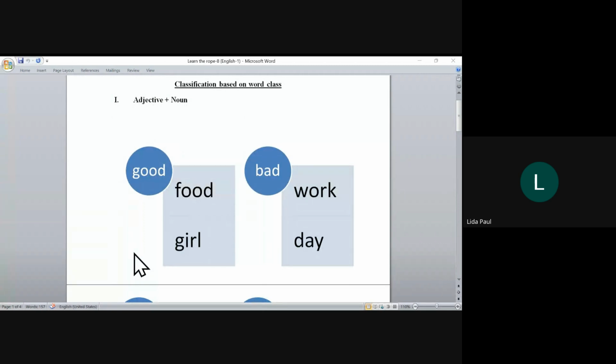Okay, you're able to see the screen, right? Clearly? Yes? No?